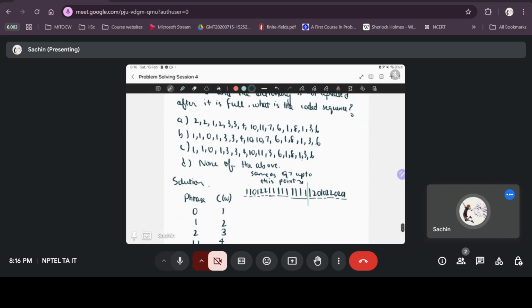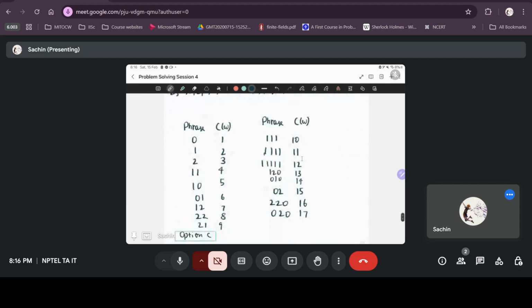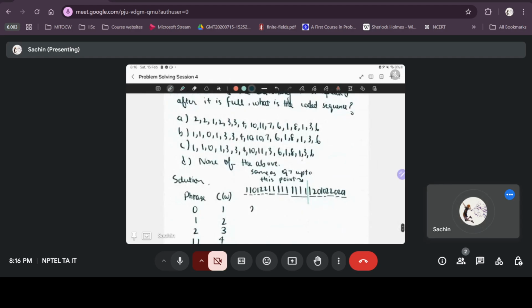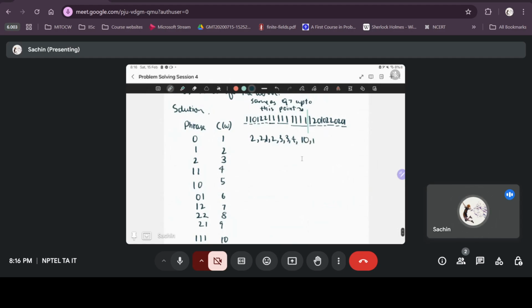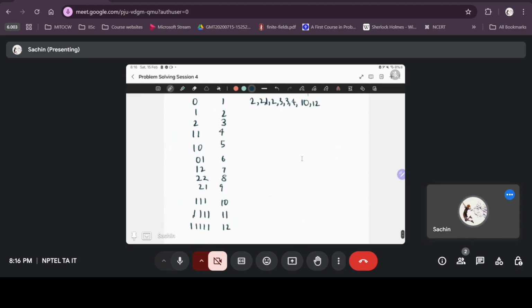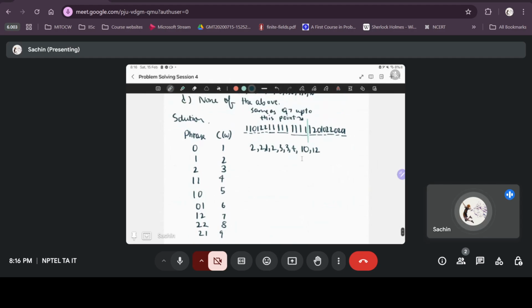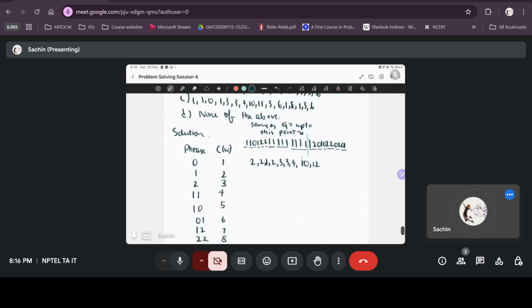So it's 2 2 1 2 3 3 4 10 11. Then you add the code word 1 1 1 1 1. Then you have to start encoding from 1 2 0, this part.